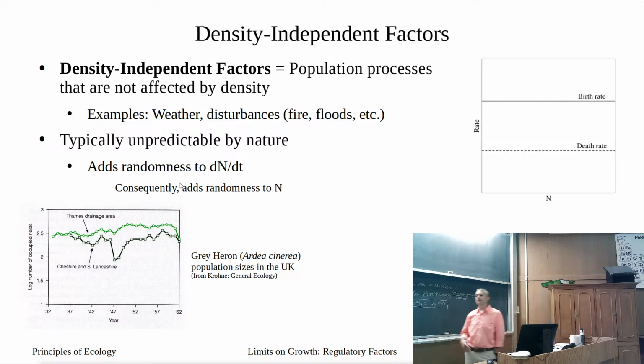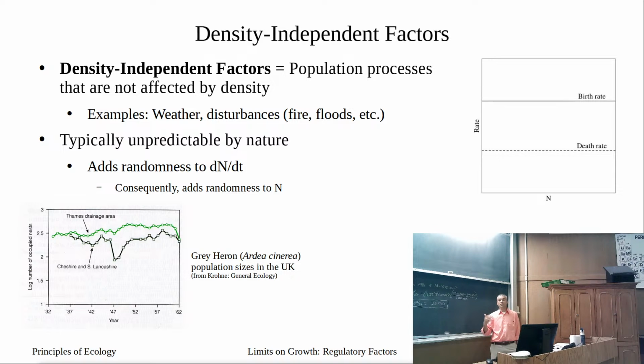Anyways, we talk about competition. That's an easy one to understand. But there are other factors out there, including density-independent factors. These are the factors that regulate our population, but they do so without knowing what the density or the population size is.